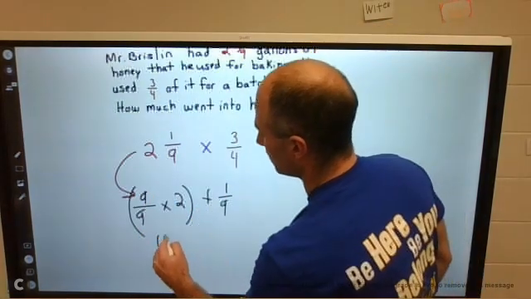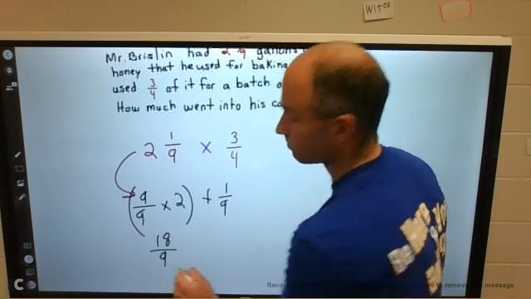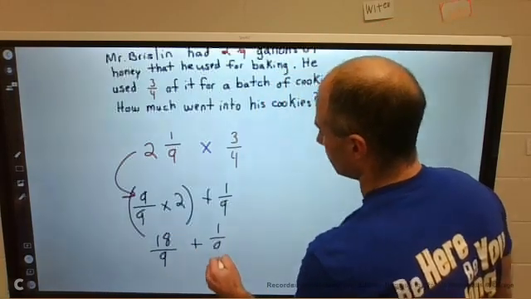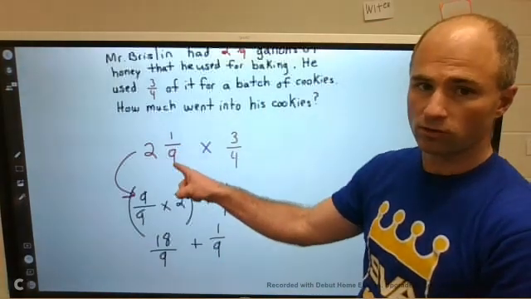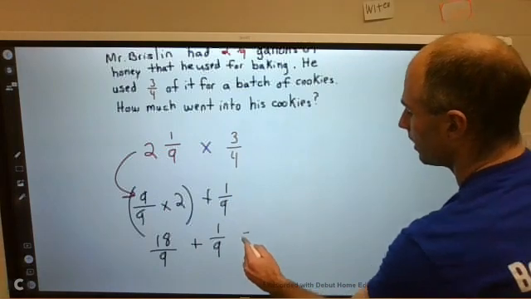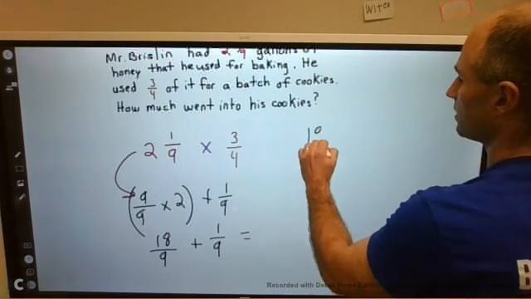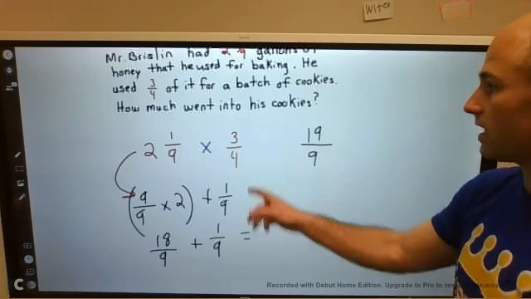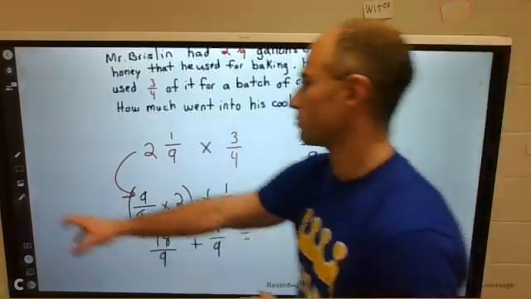I'm going to get 18/9 plus 1/9. The 1/9 came from this original fraction in the mixed number. I'll then receive an answer of 19/9. I'll now finally times 3/4 by it.